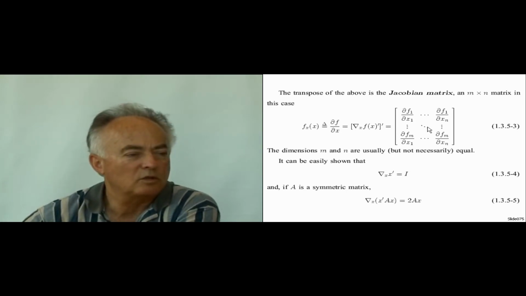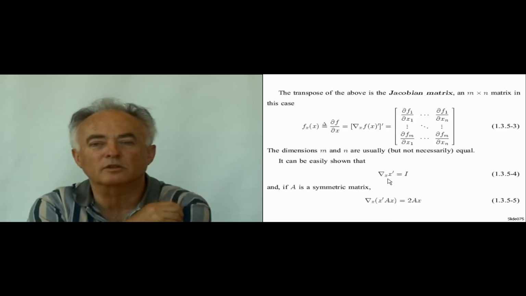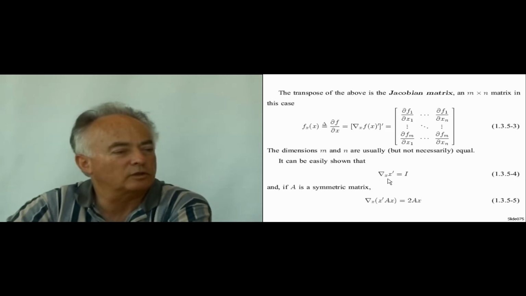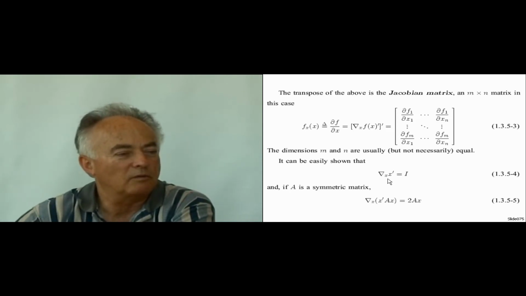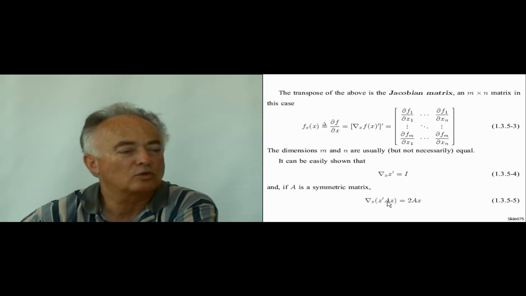Now, it's easy to see that del x of x prime gives the identity matrix. These are some of the simple exercises. It is always suggested that you go over such algebraic derivations to ascertain that everything is okay. So del x of x transpose is the diagonal matrix with ones. Now, if A is a symmetric matrix, the gradient of x transpose AX is 2AX.